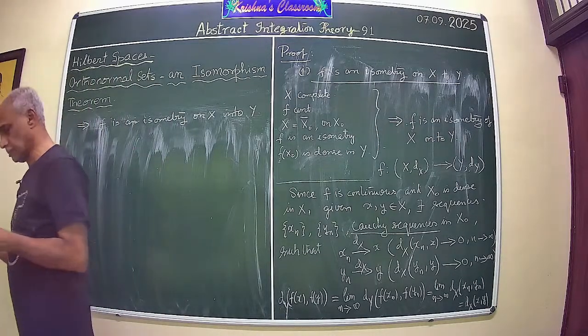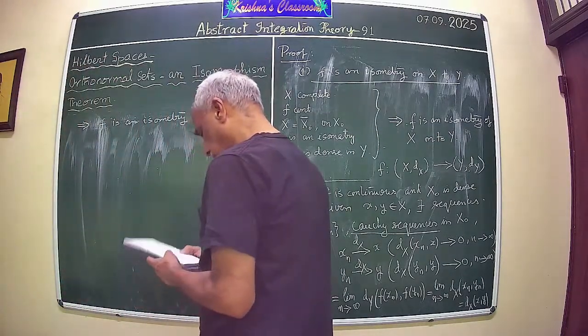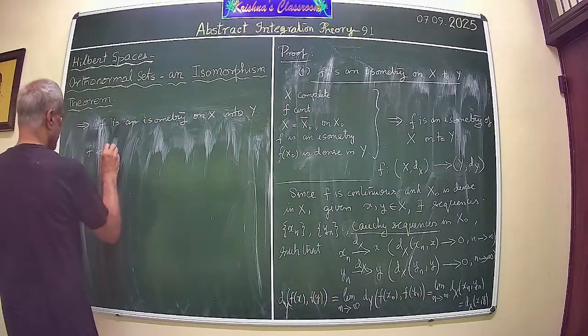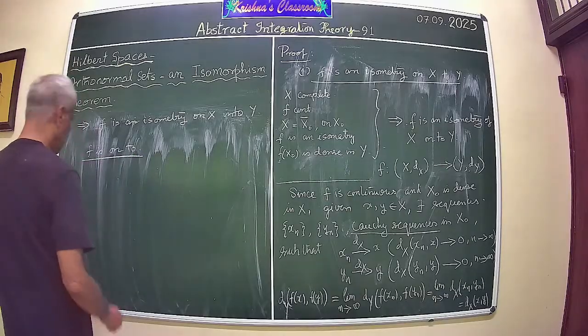That is something that we do. Now we want to prove that f is also onto. This is the next condition. How do we prove that?